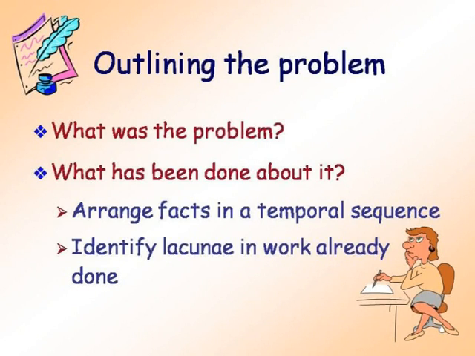Now when I say outlining the problem, one is you will state what the problem was. Let us say you are doing a study on diabetes mellitus. There is a tendency to give a whole lot: what is diabetes mellitus, when was it discovered, what is the global situation of diabetes mellitus, and you will be actually talking about diabetes mellitus in some small community maybe in India.